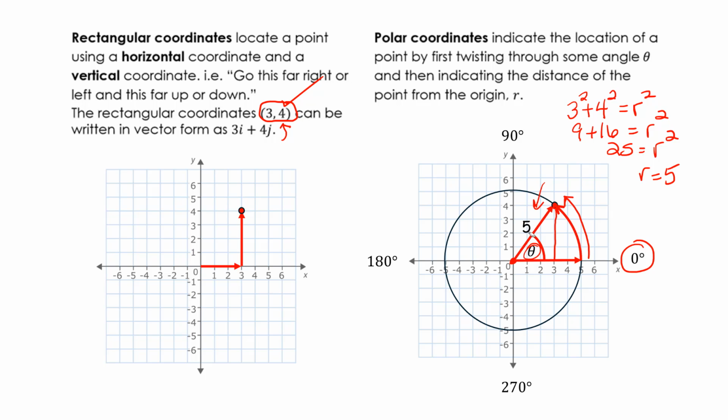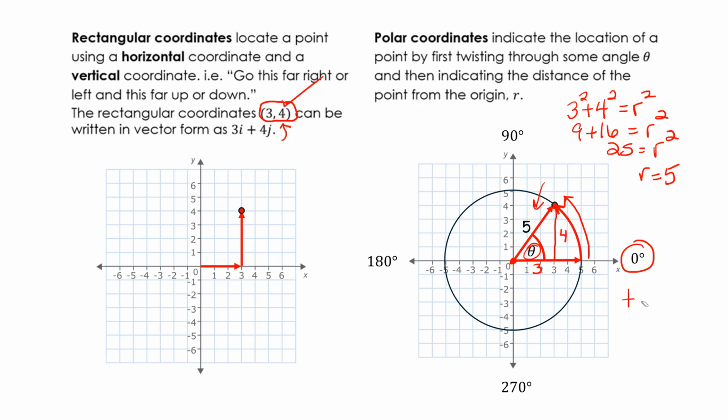Then we want to figure out the angle we would rotate counterclockwise from 0 up to that hypotenuse. For that angle, theta, the opposite side is 4, and the adjacent side is 3. So we can use tangent to figure out what theta is.